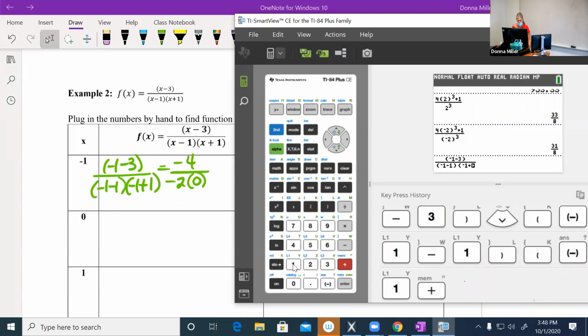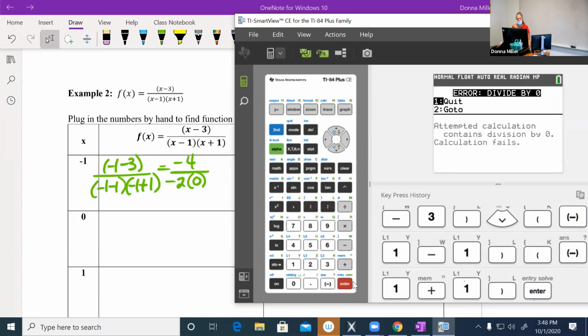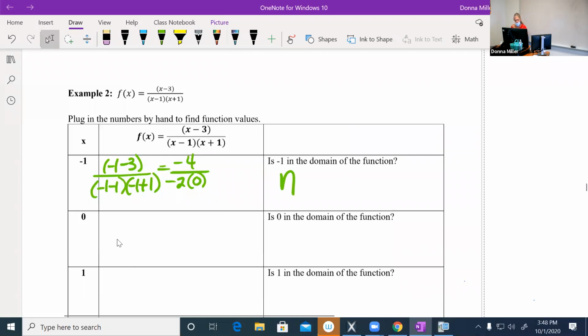I can enter the whole thing in, that's a little long, but I could. All right, so it says what? Error, divided by 0. So that tells me, oh yeah, it's a vertical asymptote because it makes the bottom equal to 0, right? So we get an error. So this is not in the domain. It's not a function value, so an error.